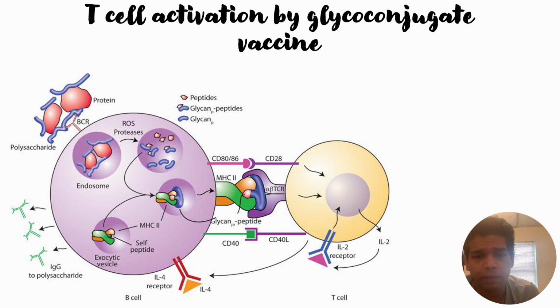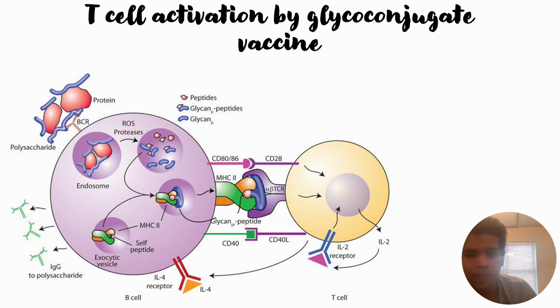So only non-self epitopes or non-self peptides will be expressed by the major histocompatibility complex at the B cell surface, and this will be interacted with by the T cell receptors, known as alpha beta T cell receptors. However, this interaction alone is not enough.